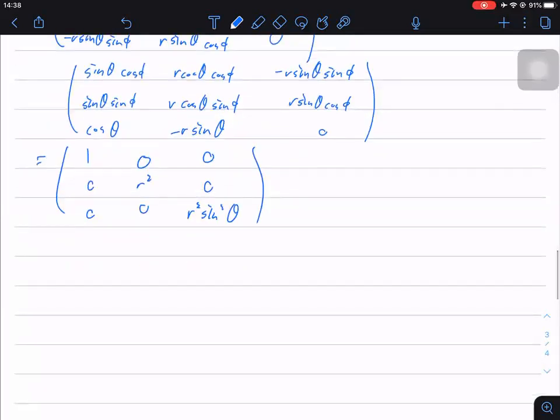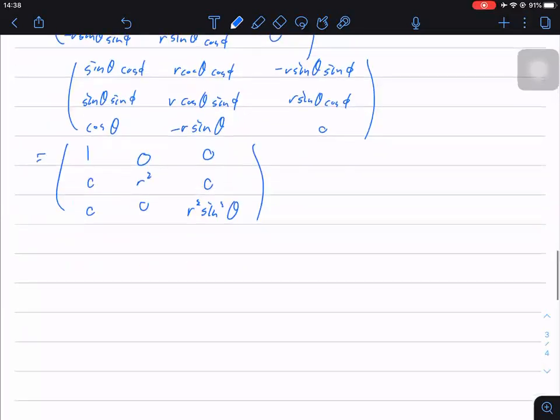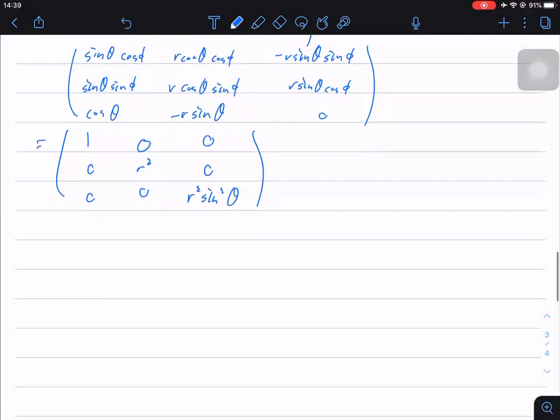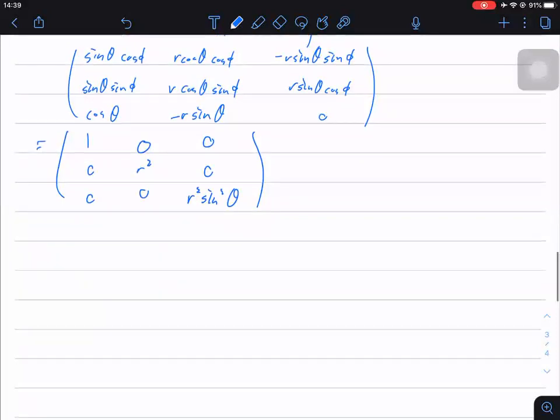Okay, so that is how you convert the matrix tensor into another coordinate system using matrix multiplication. Or if you use tensor or Einstein notation, we have G mu prime equals something like this.